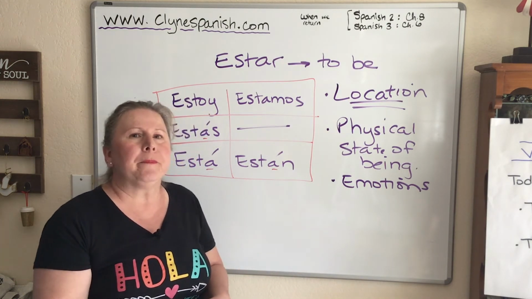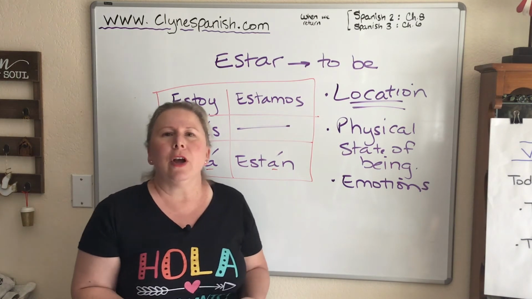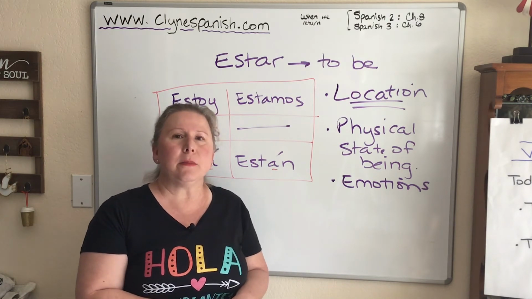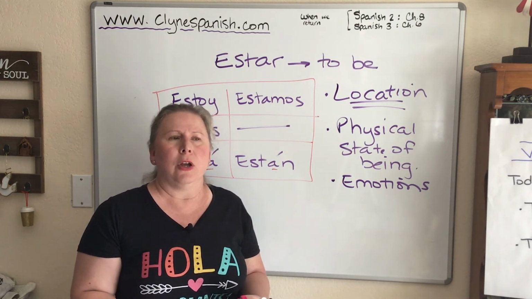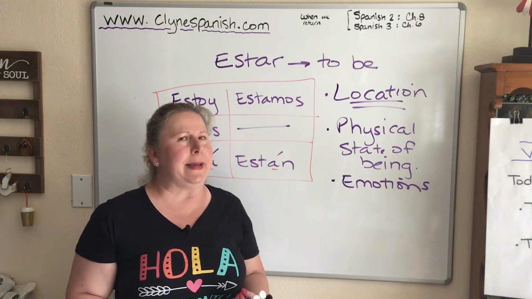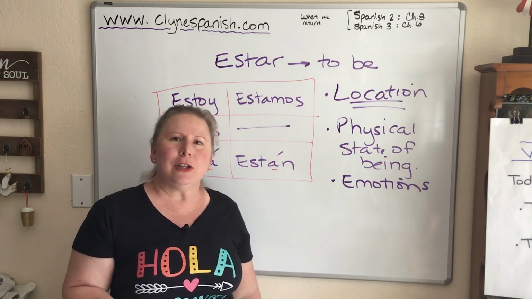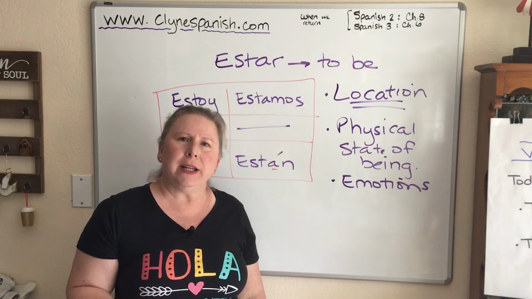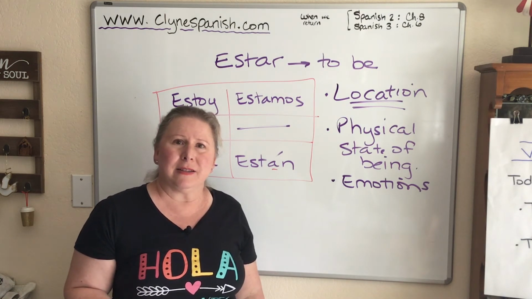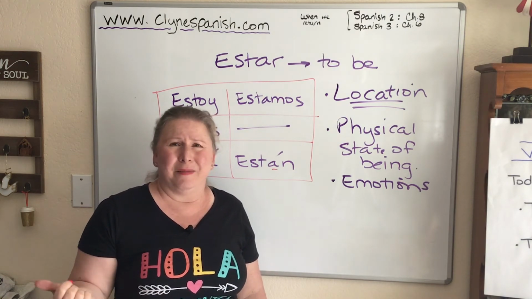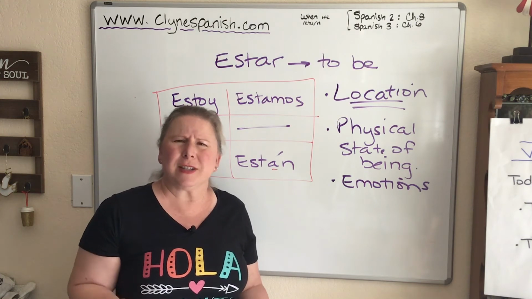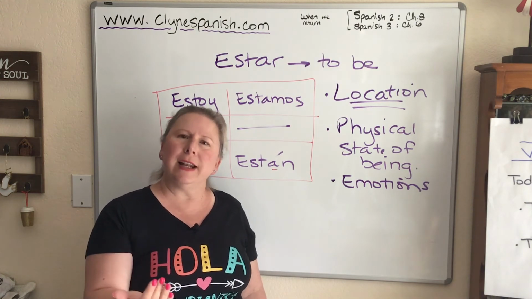For example, you can say to your friend, oh, estás bonita hoy. Okay, well, if you're saying to your friend, estás bonita hoy, that means today you look good, but other times not so much. So it's kind of an insult versus eres bonita.